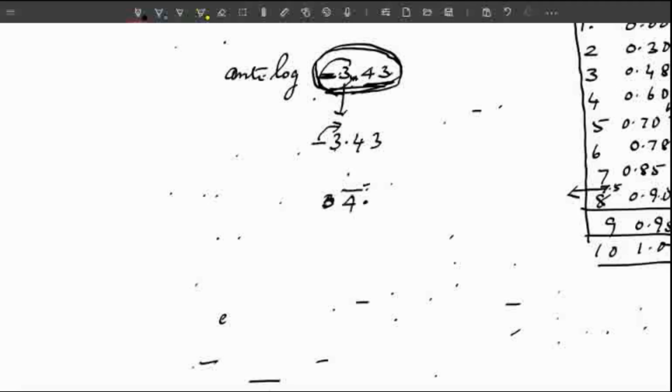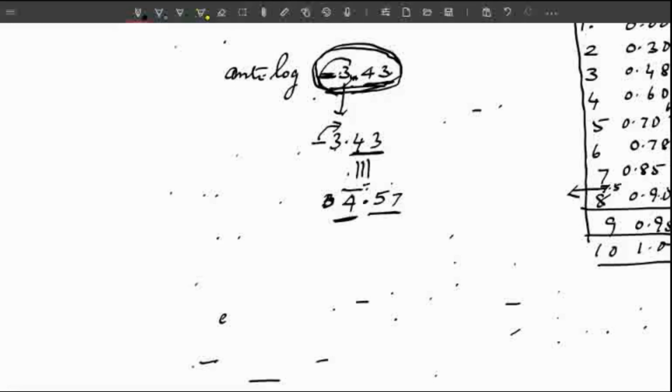Now it indicates that 4 alone is negative. Then subtract each digit from 9 and the last digit from 10. Subtracting, the result is bar 4.57, that is, -4 characteristic with a positive mantissa of 0.57. This is equivalent to the given number.